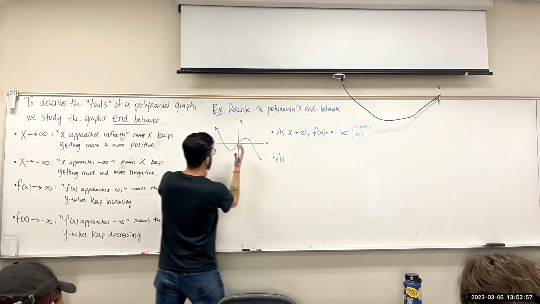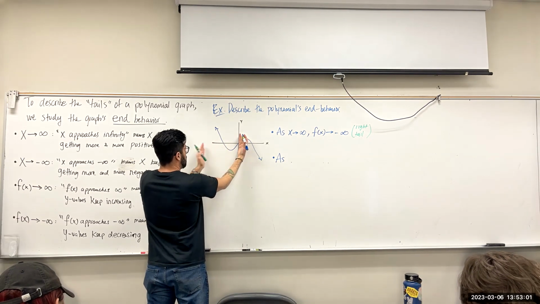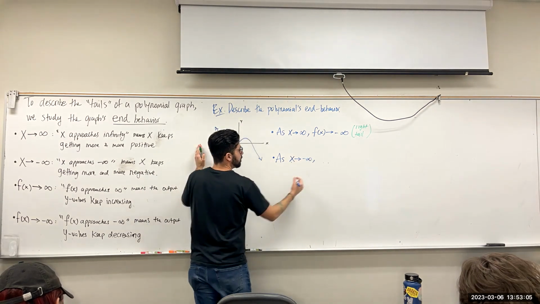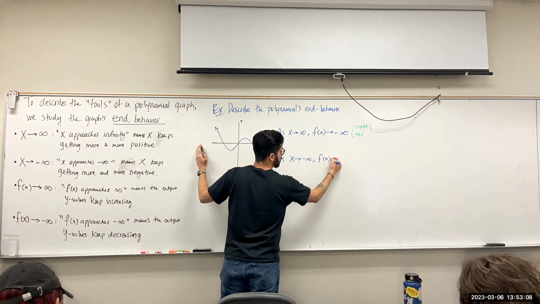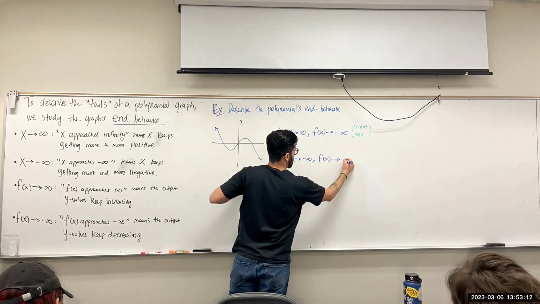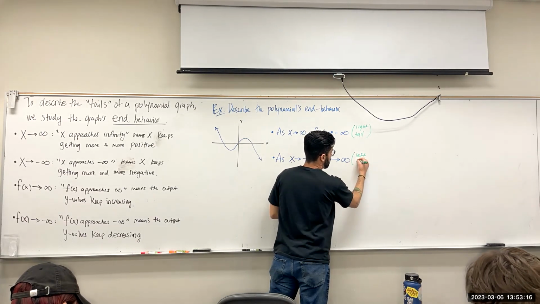If I want to describe the left tail, what is x approaching? Negative infinity. As x approaches negative infinity, f of x is approaching, the y values are going up, so I put positive. That's the left tail.